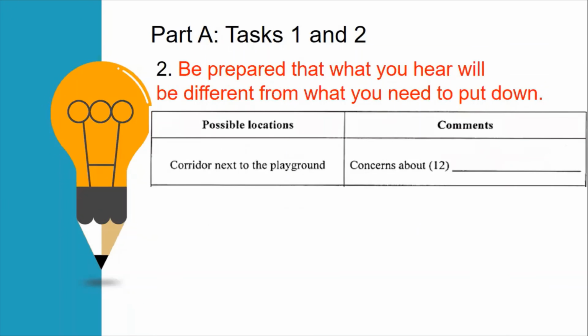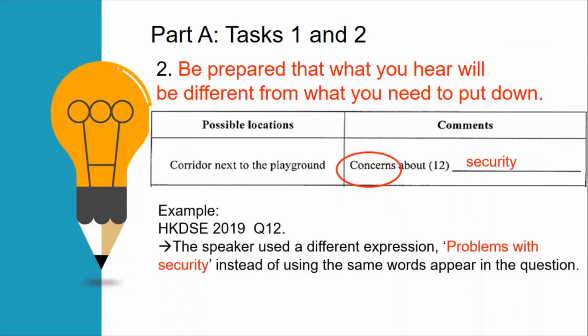For example, in HKDSE 2019, in the question, the word concern is used. However, in the recording, the speaker used a different expression, problems, instead of using the same word in the question. So, when you attempt the question, don't forget to also listen to synonyms.